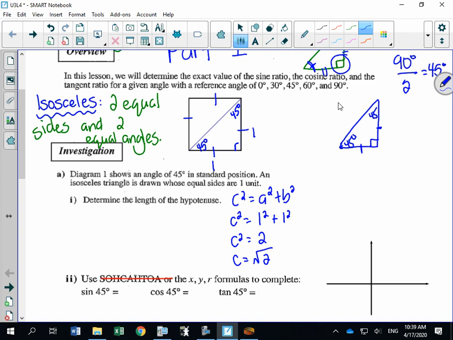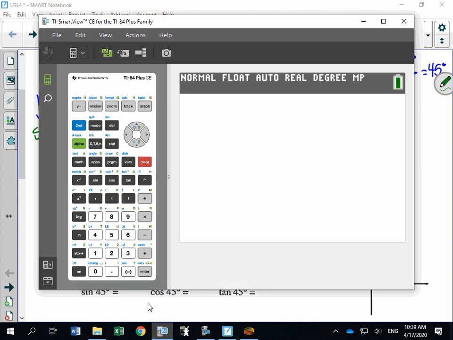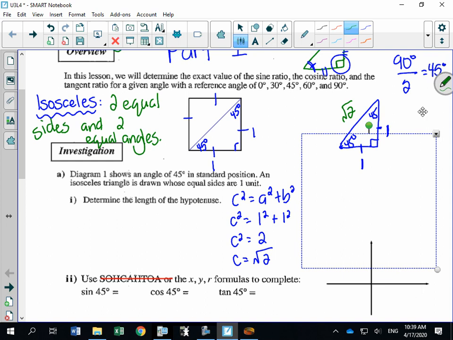So on my triangle, this is length 1, this is length 1, and this is the square root of 2. Remember that the hypotenuse has to be the longest side on our triangle. If I type the square root of 2 into my calculator, it is about 1.4, and that is the longest side on this triangle.